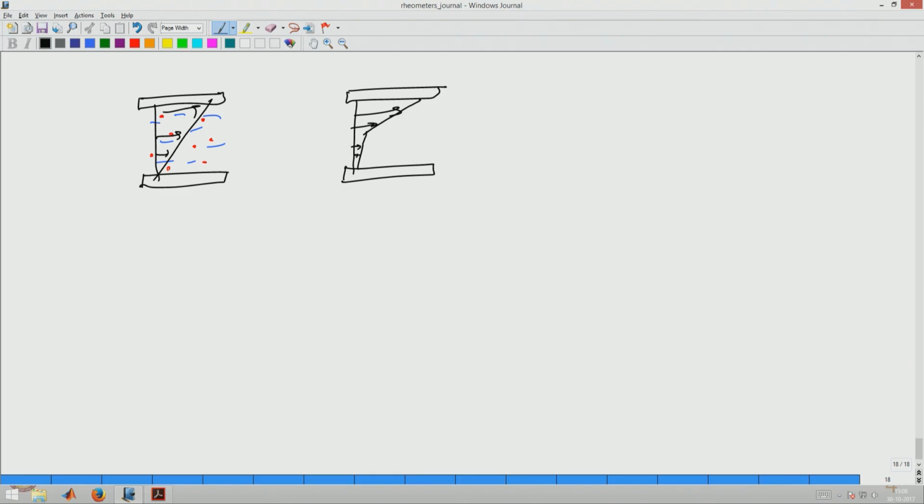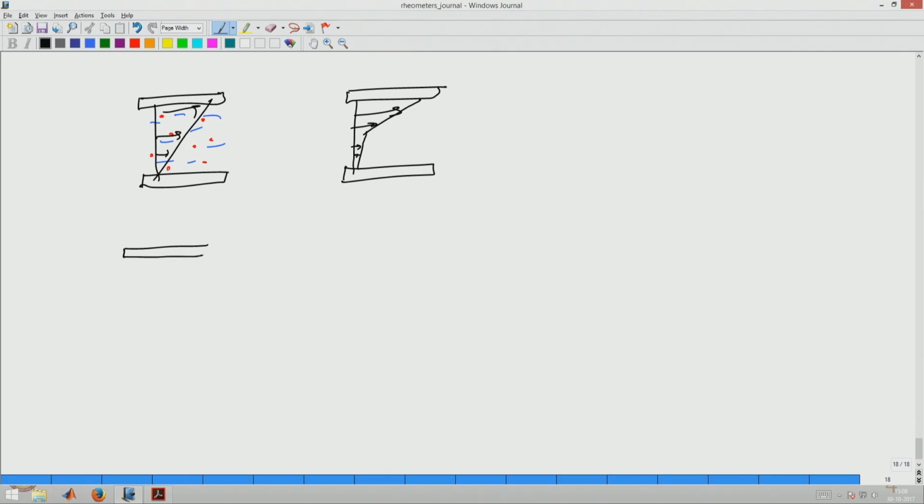So, in general it helps to do flow visualization and examine what is the type of flow which is being observed in the rheometer geometry as opposed to what is the assumption. This is a steady state profile, right. What we are talking about right now is a steady state profile.